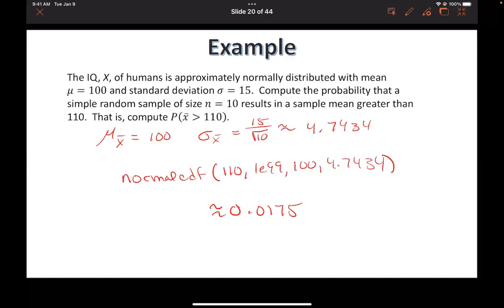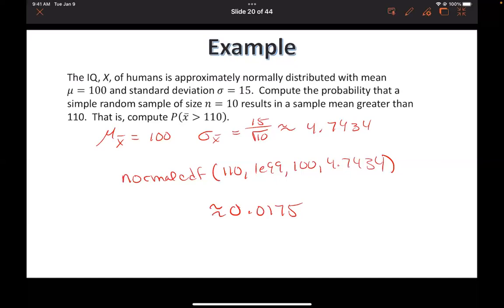Is that what you all got? I could have put it in here wrong, but let's see. Oh, it looks right. Oh, you got 9. Did you do greater than? Yeah, because it says greater than 110, right? Says that it has a mean greater than 110. Let me see here. Did I do it right?